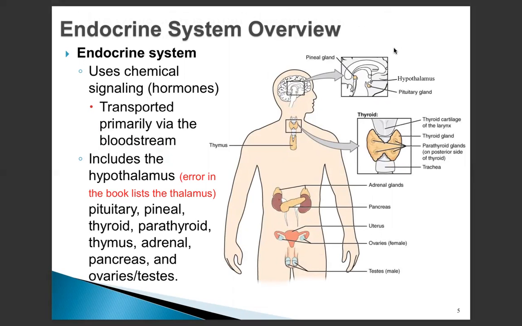The endocrine system uses chemical signals, which are called hormones, that transport primarily through the bloodstream, which includes the hypothalamus, the pituitary, pineal, thyroid, parathyroid, thymus, adrenal, pancreas, and ovaries.